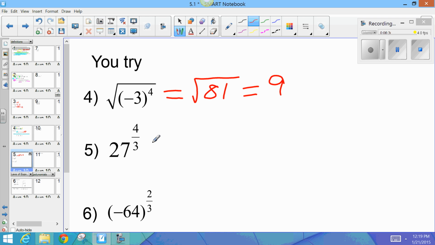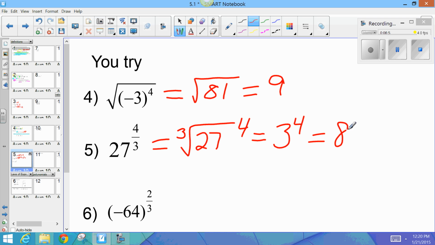All right, problem number 5. I'm looking for the third root of 27 raised to the power of 4. The third root of 27 is 3. 3 to the power of 4 is 81. Okay. Problem number 6.